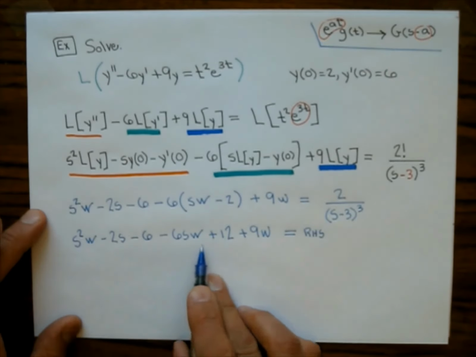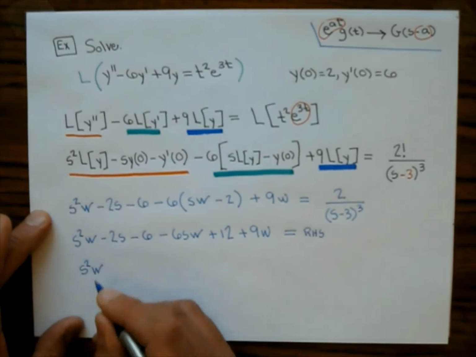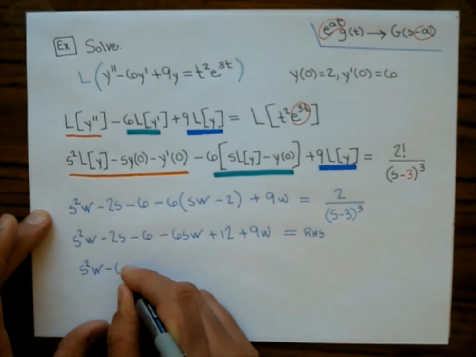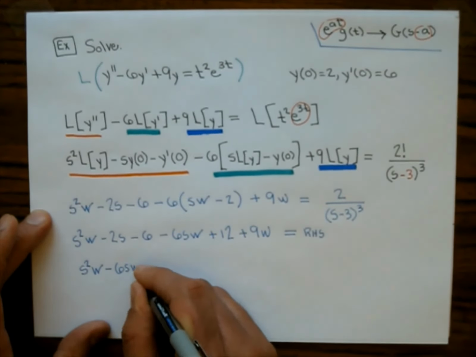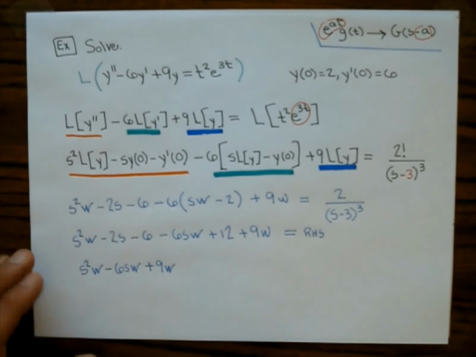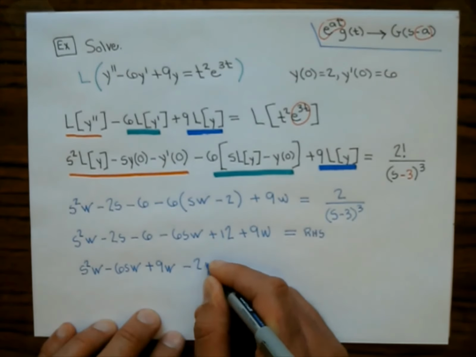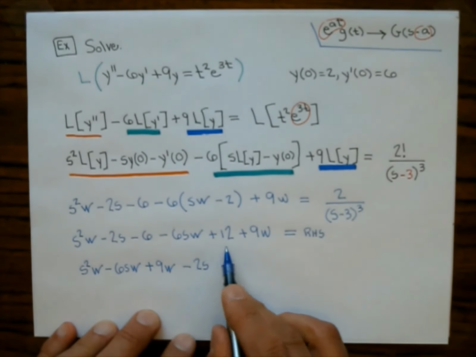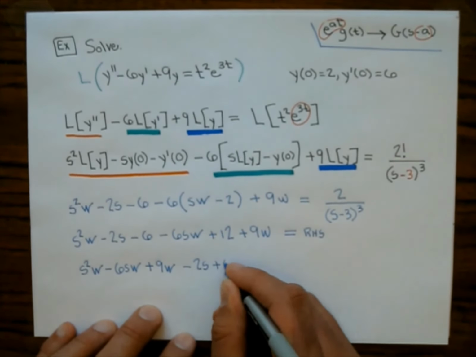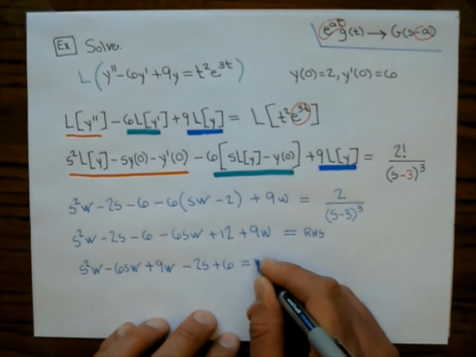I'm going to group all my W's together, so I have S squared W minus 6SW plus 9W. And then what do I have here? I have minus 2S, and then this is plus 6. And this equals the right-hand side.